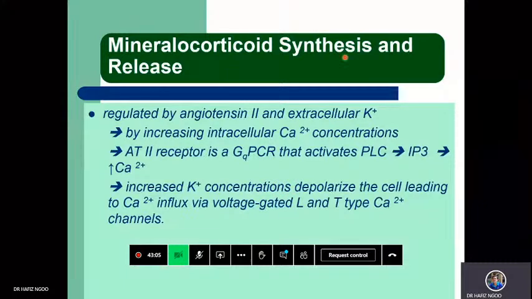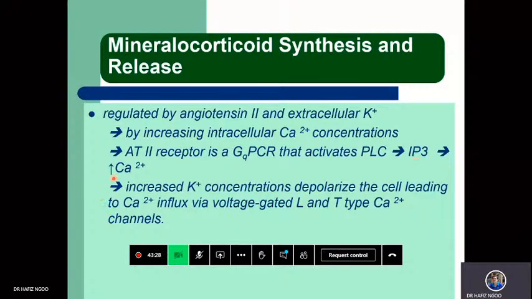Mineralocorticoid synthesis and release is regulated by angiotensin 2 and extracellular potassium. Both of these increase the intracellular calcium concentration. The angiotensin 2 receptor is Gq, which activates PLC and then IP3.